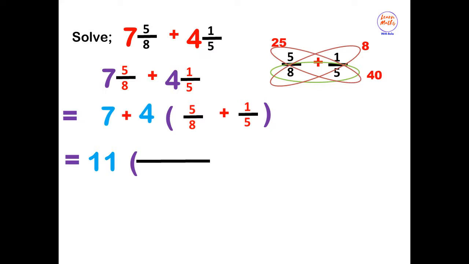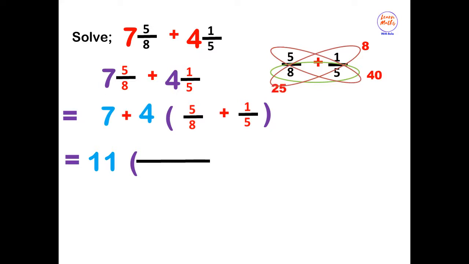So we have 25 plus 8, then the LCM goes under them. So we had those numbers, then the LCM goes under it. Let me explain that again.